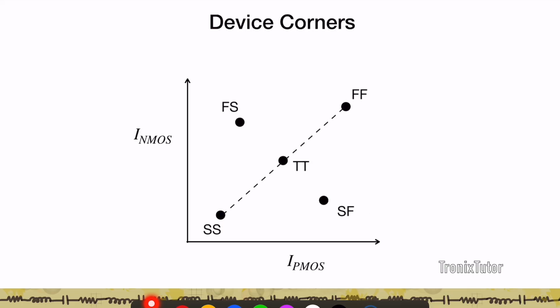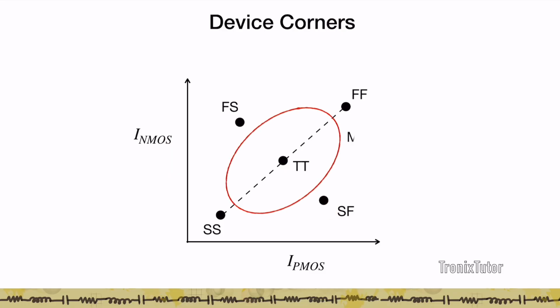So if you look at device corners, we've looked at it in other videos. We typically look at the NMOS drive and the PMOS drive. We have the nominal corner model here, which is the TT, and then you have typically 4 corners, the FF, SS, SF, and FS. We also run Monte Carlos on all designs, and Monte Carlos typically span this place around TT, and generally the FF and the SS are the worst of the worst cases.